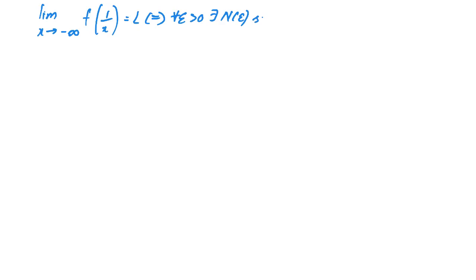Notice that in the second lecture on limits, we had shown that limit x tends to minus infinity f of 1 by x is equal to L is equivalent to, for every epsilon greater than 0, there exists an n of epsilon such that mod of f of y minus L is less than epsilon for all y such that 0 is greater than y is greater than minus 1 by n of epsilon.